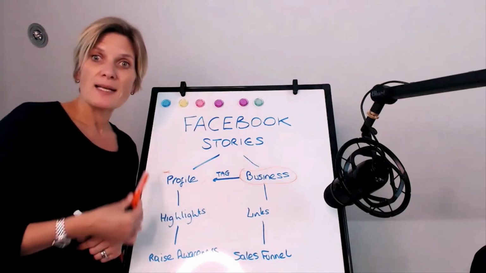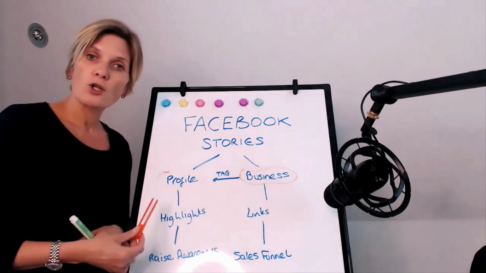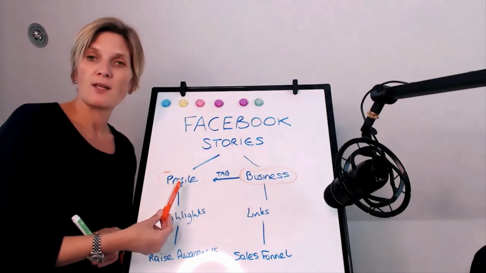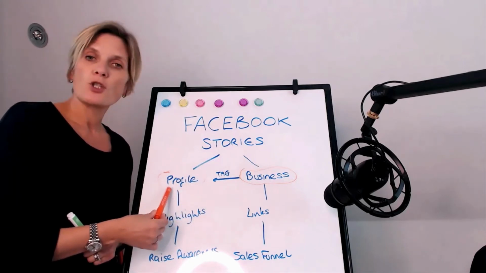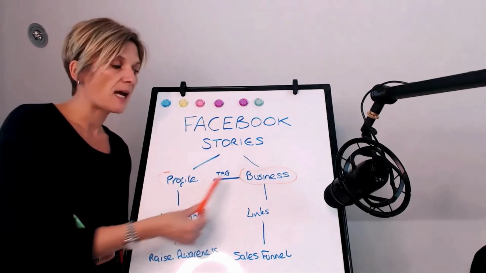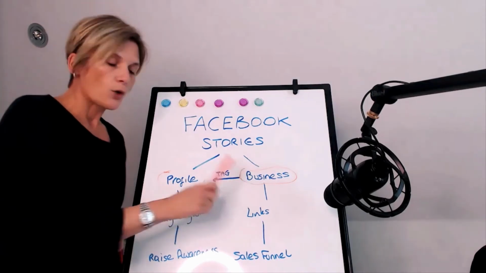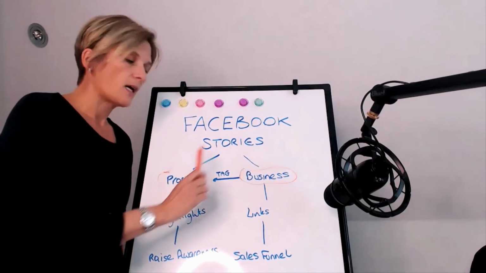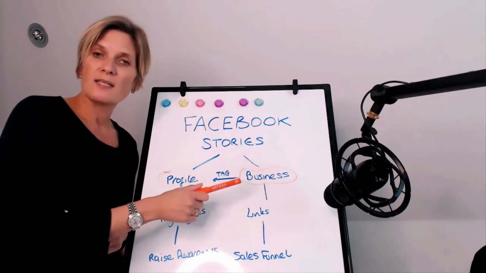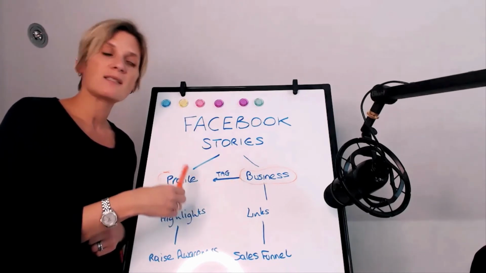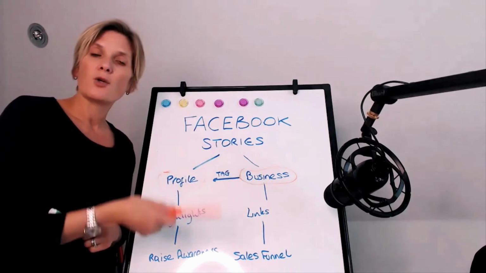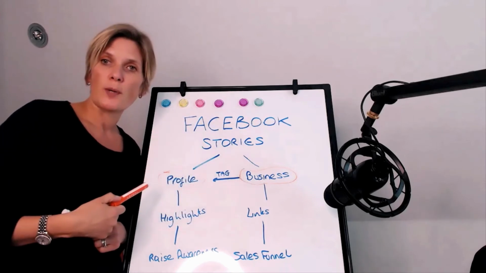This is even better because what you can do is you can cross-populate the two. Now, you can do a post as a person and tag your business page in. You can also tag the other way. So in your business, you can tag yourself, which means that if you tag yourself, you can actually share your business stories to your personal profile.